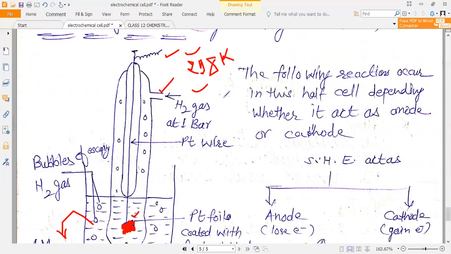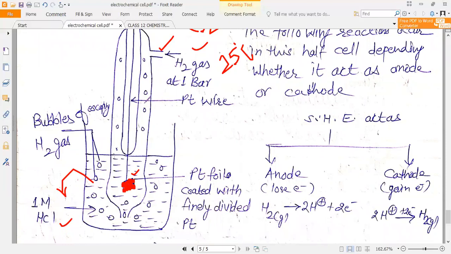This means 25 degrees Celsius, which is considered normal temperature. And the pressure is 1 bar atmospheric pressure. Hydrogen gas is inserted in the SHE. Then what happens? This hydrogen gas mixes in the HCl solution and bubbles out.